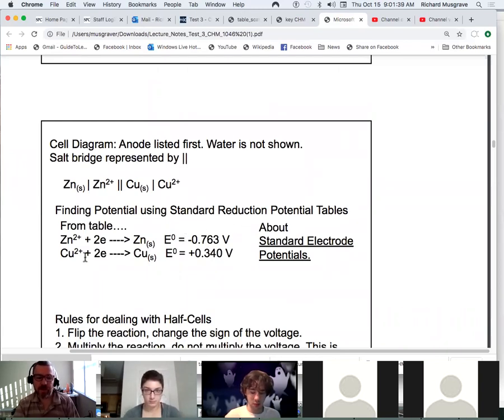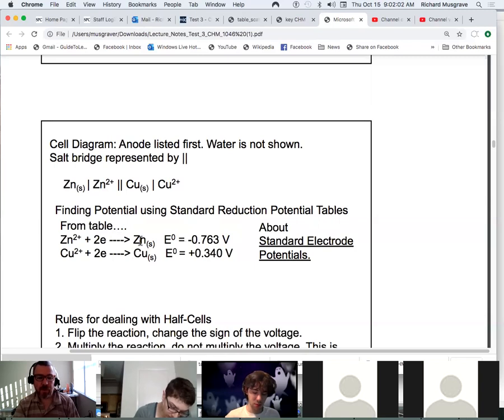I took off 2 reductions. They're both reductions here. I already stated here in the cell diagram that automatically the anode is listed first. So what I want you to realize from that is if these are both reductions, then the first one is going to have to turn into an oxidation. How do we do that? Well, it's fairly simple. We just flip the reaction.